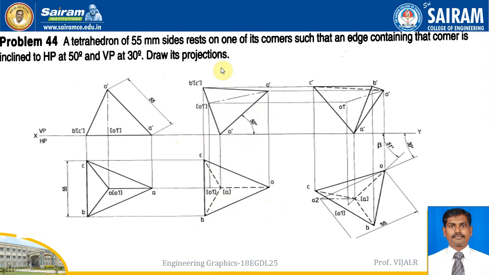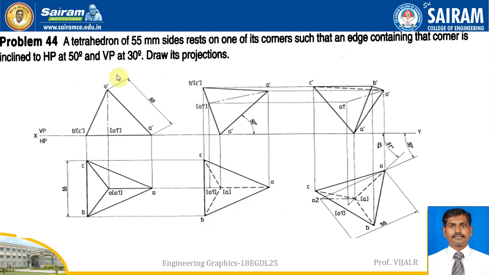When we are seeing from here, the corner which is resting, A, is hidden. Since A is behind, the lines joining A are also hidden. AO, AC, AB all will be hidden only.